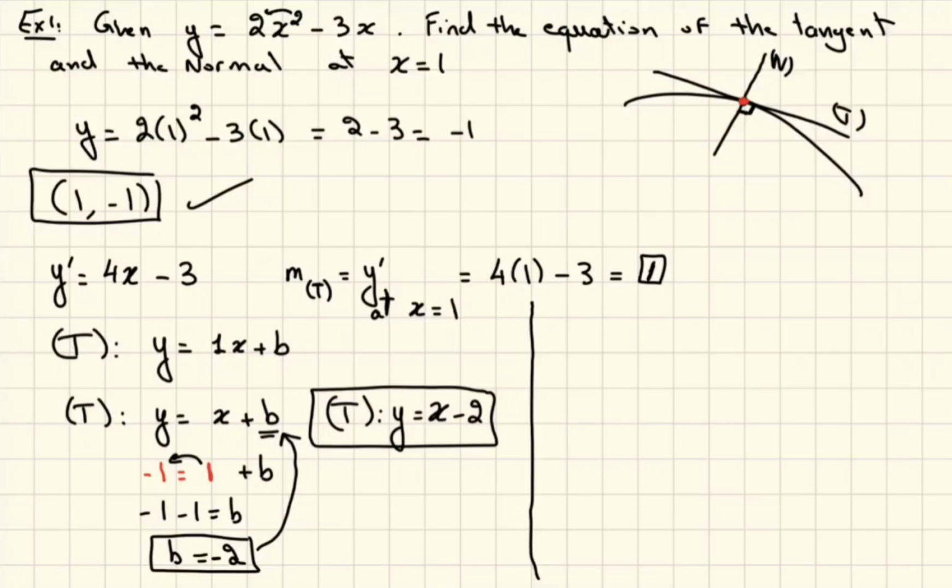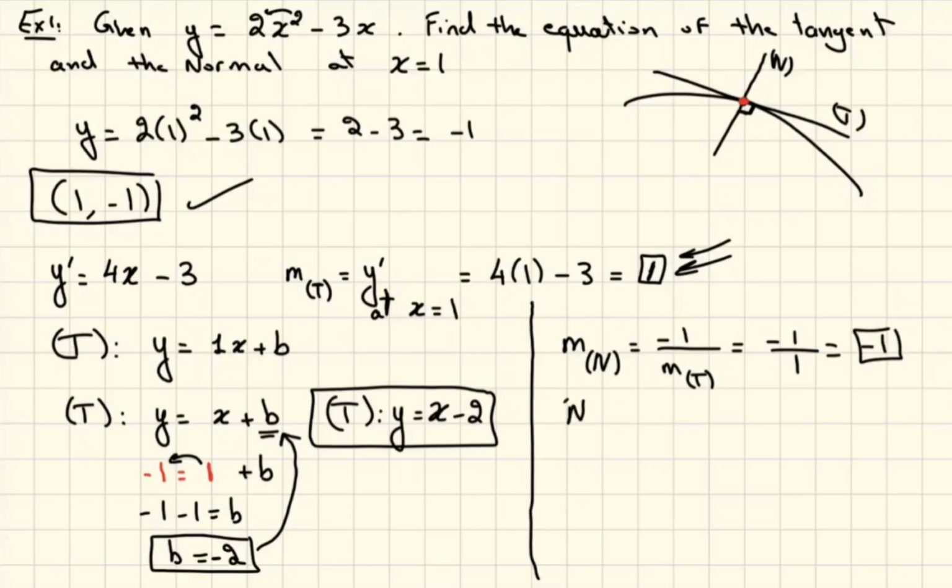I'm going to call the slope of the normal line mn, and the rule is always -1 over the slope of the other line perpendicular to it. So in this case, the slope of the normal is -1 over the slope of the tangent, which we found here to be 1. So the slope of the normal is -1.